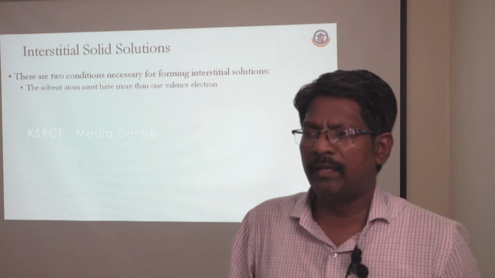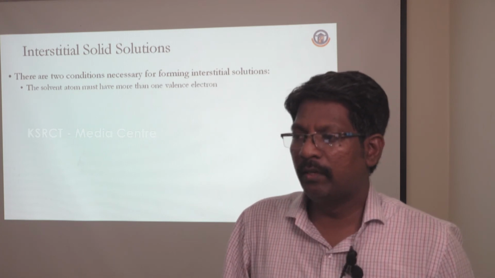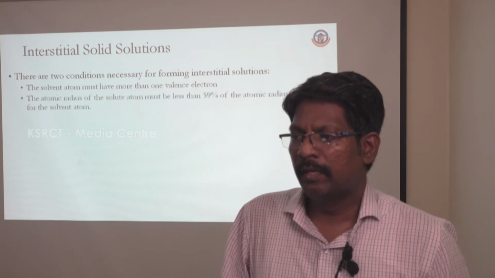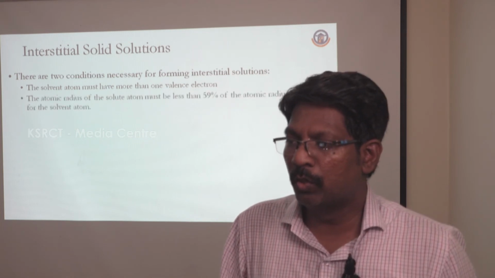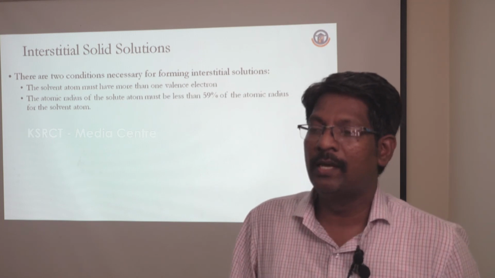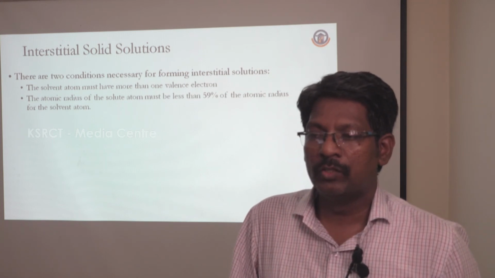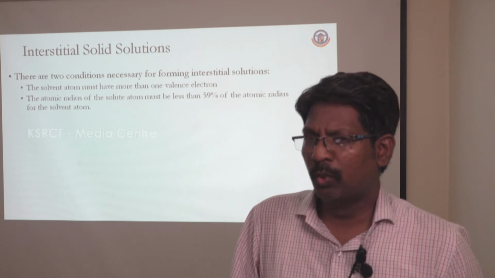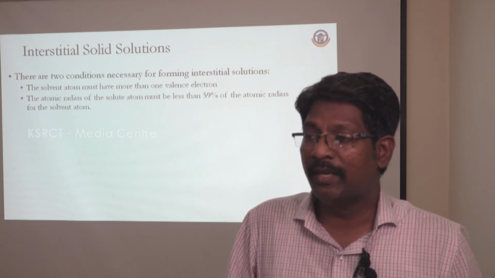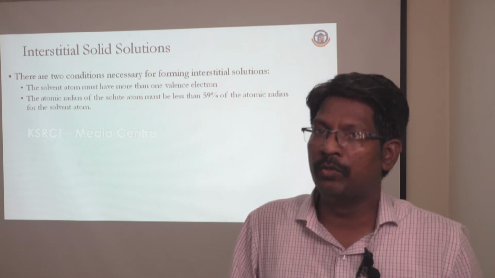The solvent atom must have more than one valence electron. Next, the atomic radius of the solute atom must be less than 59% of the atomic radius of the solvent atom. So these two conditions need to be satisfied in order to obtain the interstitial solid solution.